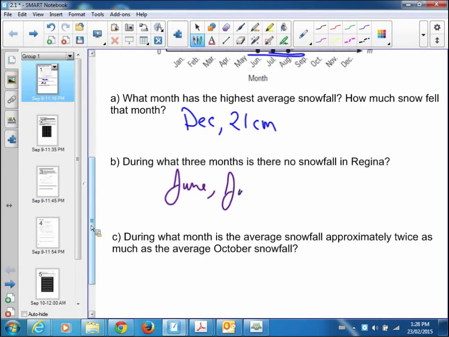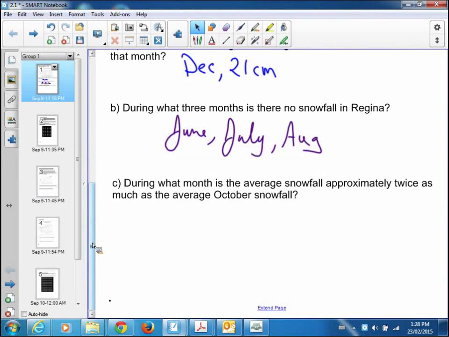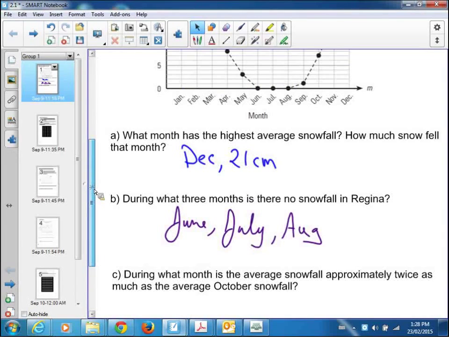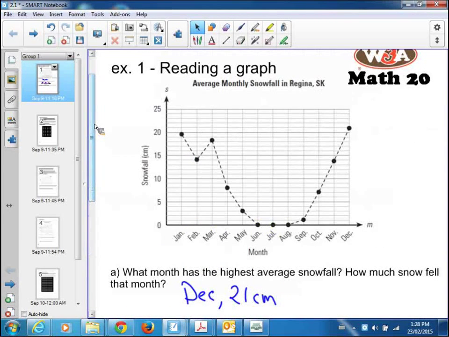Now, during what month is the average snowfall approximately twice as much as the average October? January. Well, let's just see. It might be off a little bit. So October's average is right there, about 7.